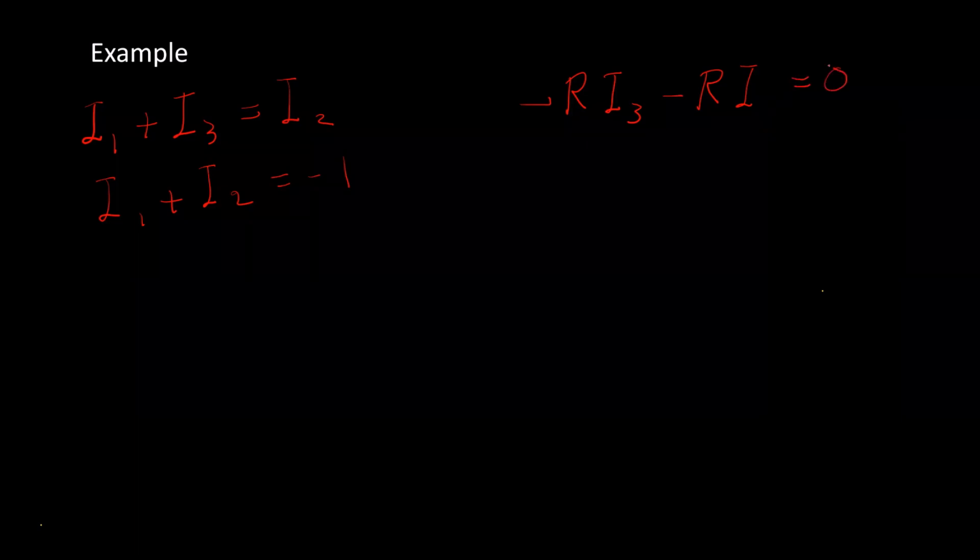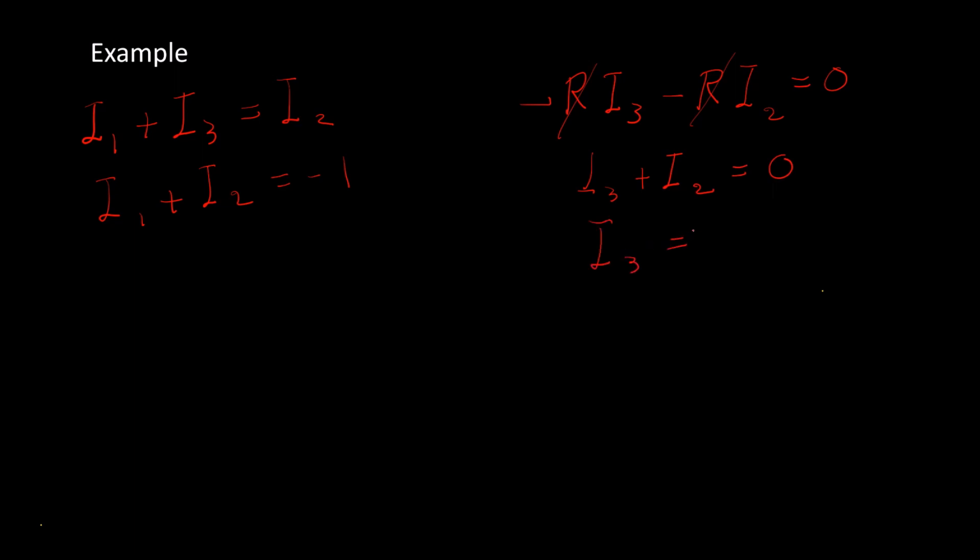So that means that R can be cancelled. So I3 plus I2 is also 0, so it means I3 is equal to negative I2. Right, this is another equation.